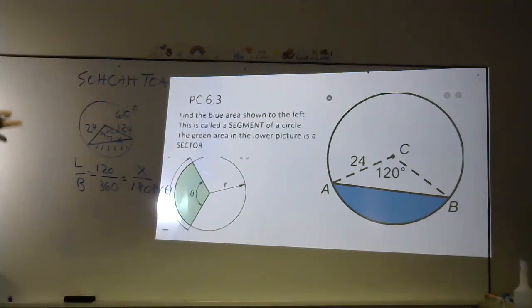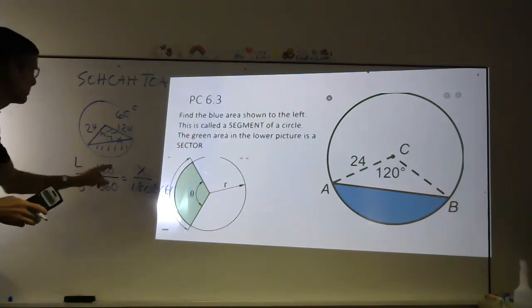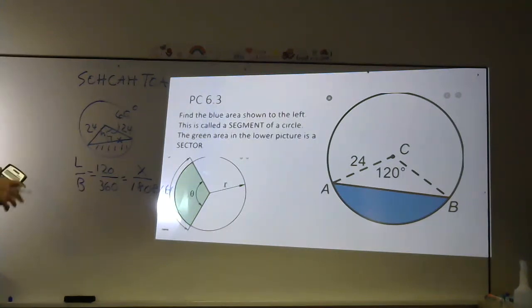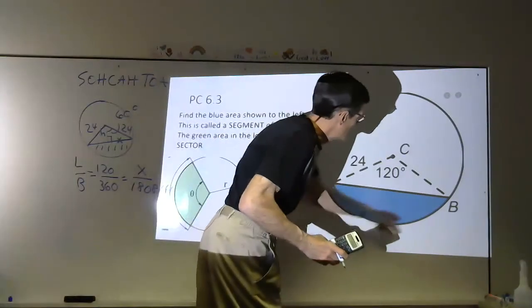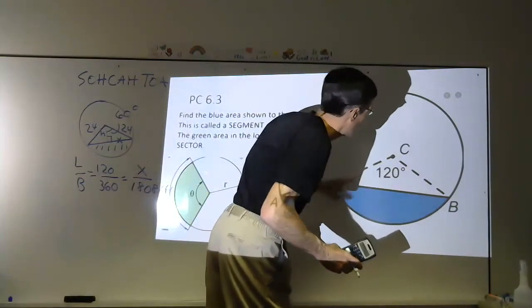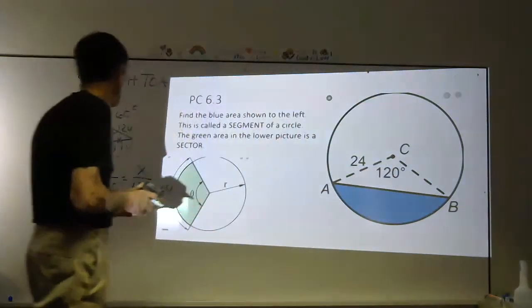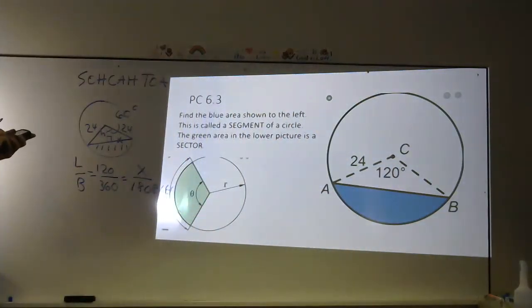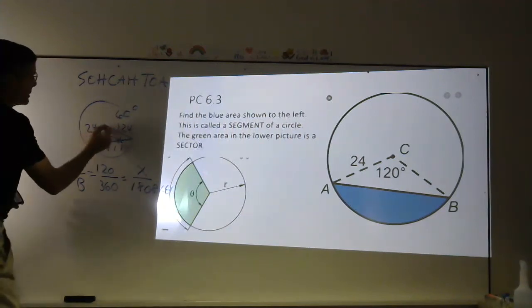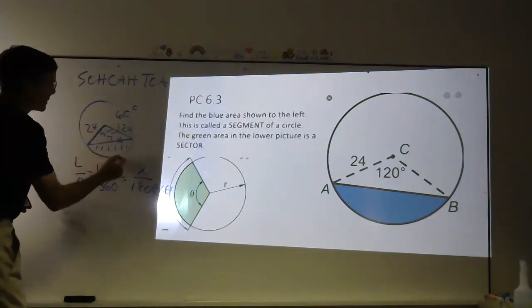So if the whole area is 1808.64, I want to cross multiply and solve to get just this region here. This is what I'm calling my x. So let's cross multiply. Times 120, divided by 360, and I get this region down here.